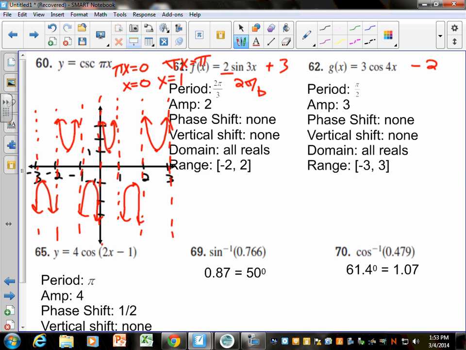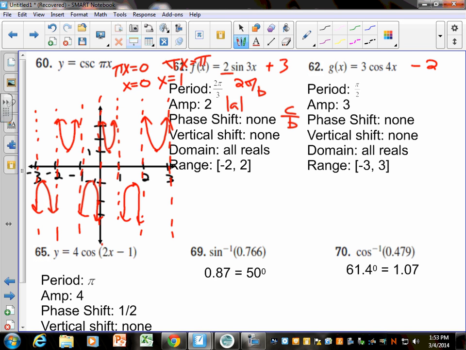Period is 2 pi over B. Simplify it. Amplitude is the absolute value of A. Phase shift, the only thing I'm going to ask you about phase shift comes from these problems. If I give you a function, tell me the phase shift. And the phase shift formula is C over B. Notice on number 61, there is no C value, so 0 divided by B is going to be 0. If you wrote 0 here, that's the same as none.